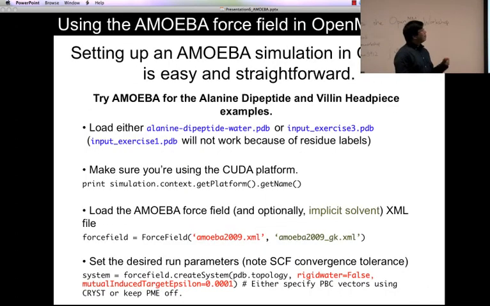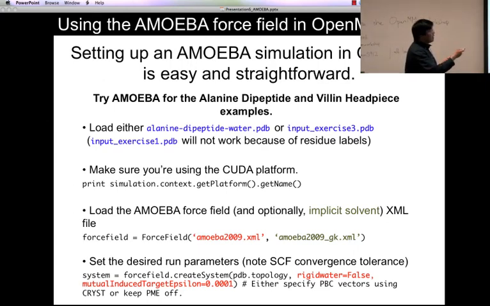Finally, setting up an AMOEBA simulation in OpenMM is easy and straightforward. So you can try using the AMOEBA force field for the alanine dipeptide and villin headpiece examples. I modified the alanine dipeptide example a little bit because the residue templates for the methyl caps haven't been implemented yet.